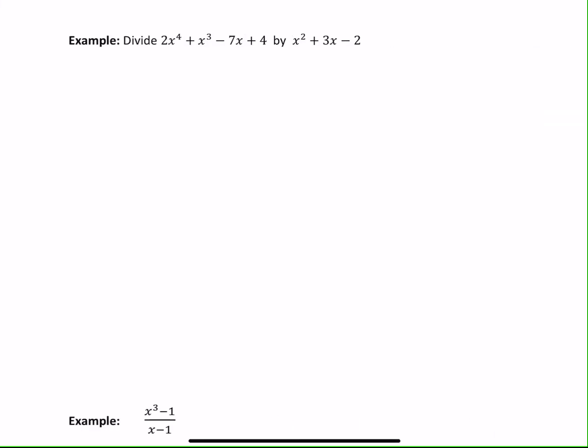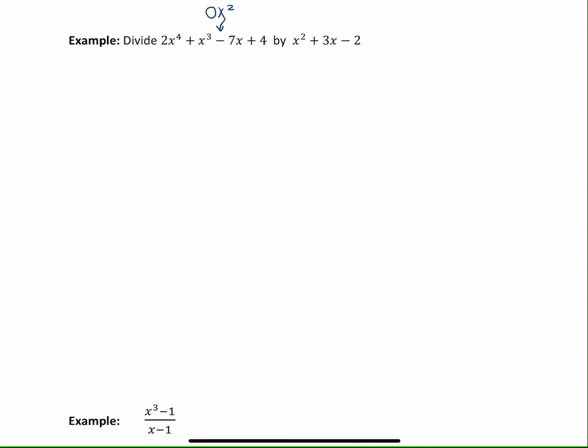Okay, let's look at two more examples. These are important because if you notice here, the dividend is in order, but you're missing an x squared term. So we're going to put a 0 placeholder in there. You don't want to just put an x squared in there because that's 1x squared, which is a value. But 0x squared is equal to 0, and it just holds its place.